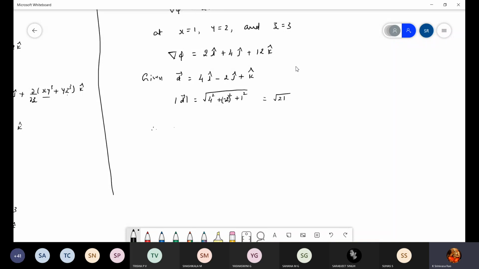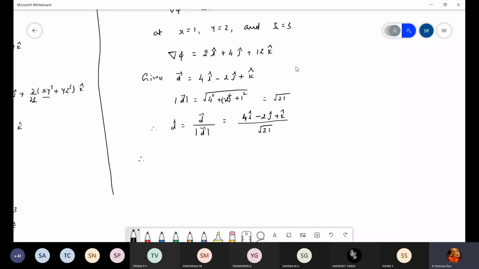Therefore, d cap equals vector d divided by its magnitude. That is equal to 4i minus 2j plus k divided by root 21. This is d cap.